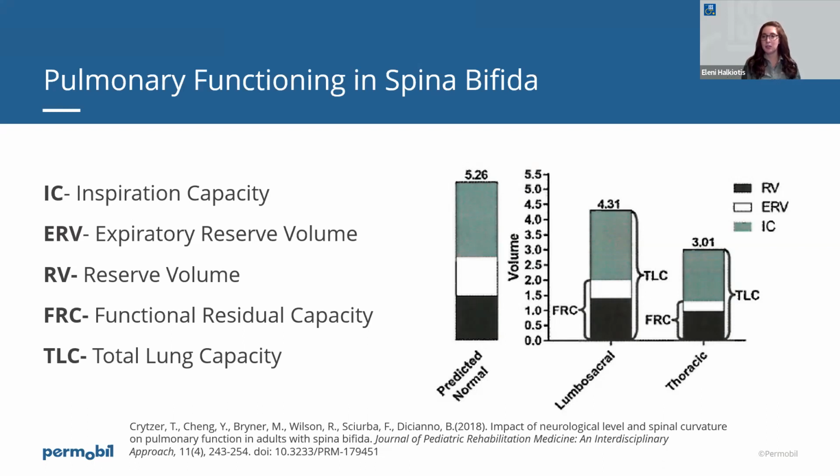The higher the level of the lesion, the lower their level of pulmonary functioning was, because they have less total musculature that's innervated required for breathing. And with lower level lesions, even towards the sacral region, they too had a significantly lower level of pulmonary functioning as compared with the predicted normal levels that we see on the left side.